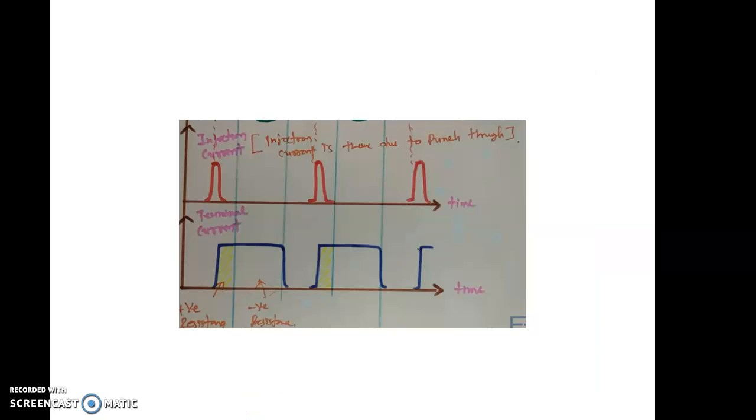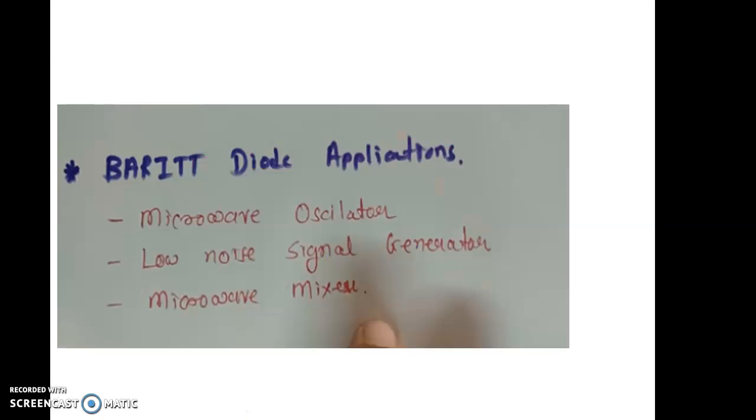In the positive cycle there is positive resistance, and the negative resistance is shown here in the negative half cycle of the input signal. Its applications are as an oscillator, low noise signal generator, and microwave mixer.